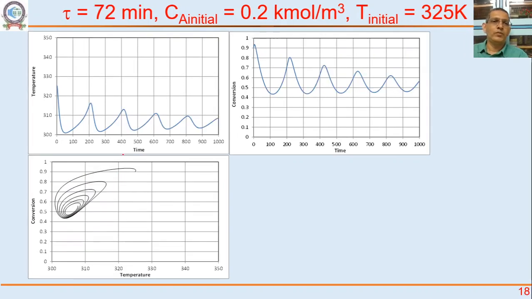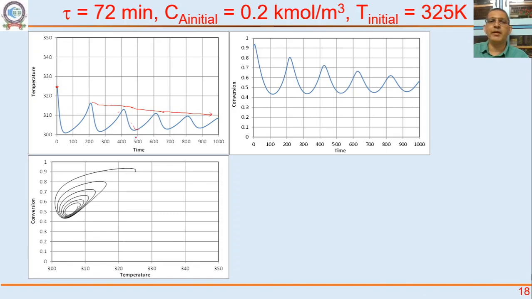This is how the temperature versus time will look for 72 minutes. We start with 325, temperature goes down to 300, goes up to 315, goes down, goes up, and so on. Oscillatory behavior. But you see, these oscillations are damping out.